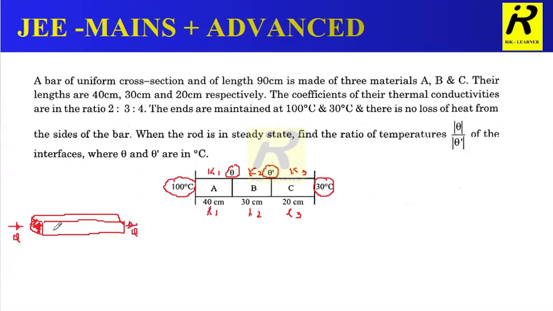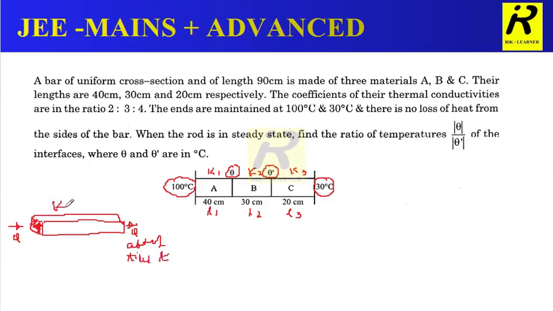If there is no loss of heat from the side walls of this conductor, the heat which is entering at this side should go to this side after some time t.